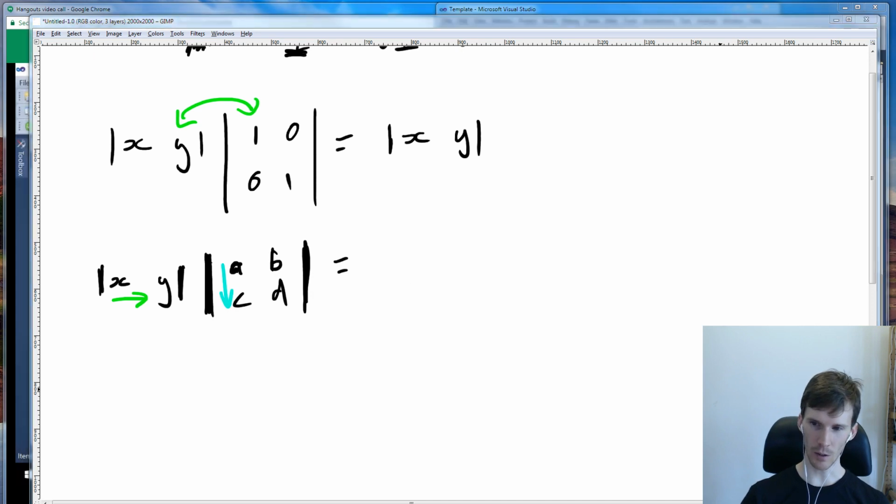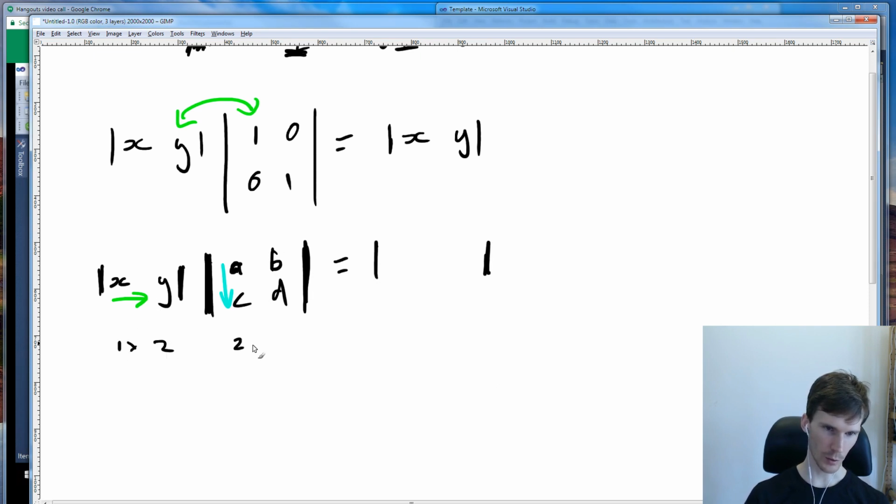So we know that the result is going to be a 1 by 2 matrix, and the way that we know that is it's 1 by 2 and 2 by 2.